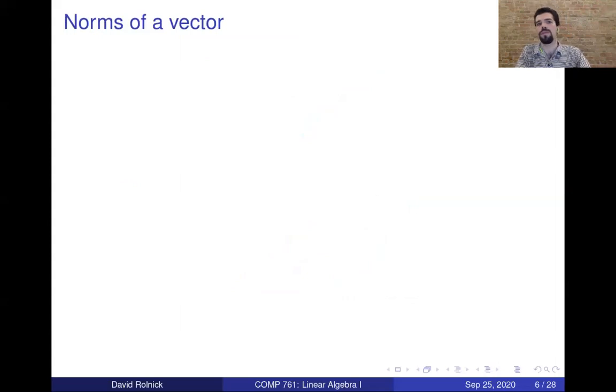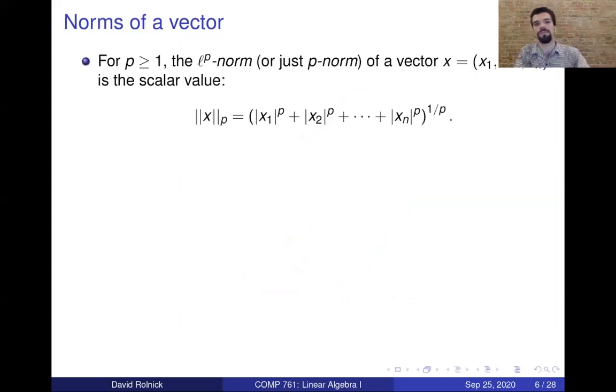So what are norms of a vector? I'm not going to go into the mathematical definition of what a norm is, but a norm is a way to take a vector and come up with a scalar from it. There are various different kinds of norms, and norms actually have to satisfy some technical properties, in particular the triangle inequality.